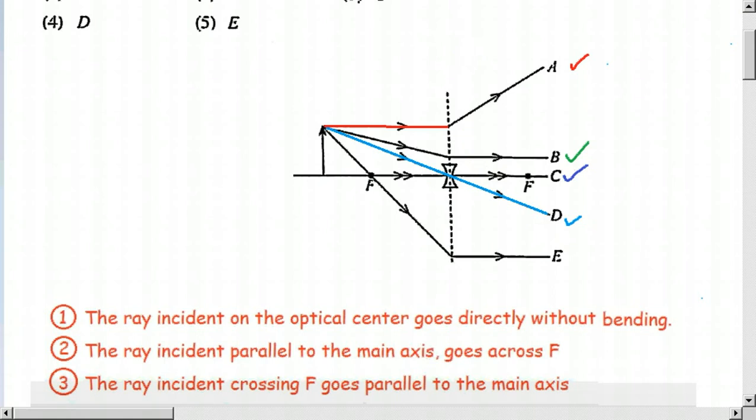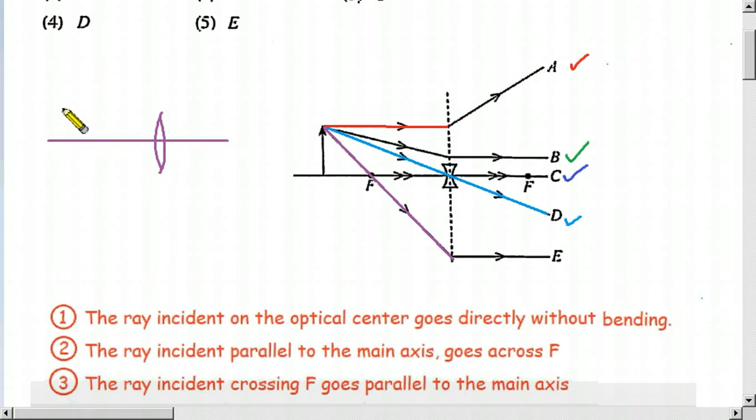The final one is this one. It is actually wrong. Why? If it is falling towards this F, it must go parallel to the main axis, so that part is correct. But it is not valid for the left side F, the F at the object side. The object side F is not valid for this; that is valid only for convex lenses.